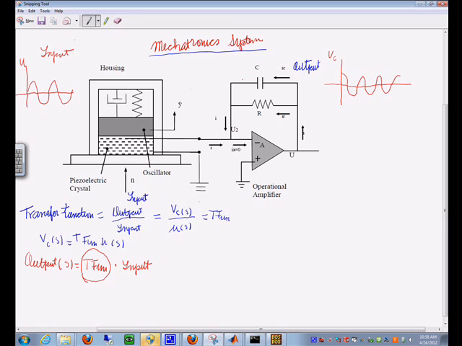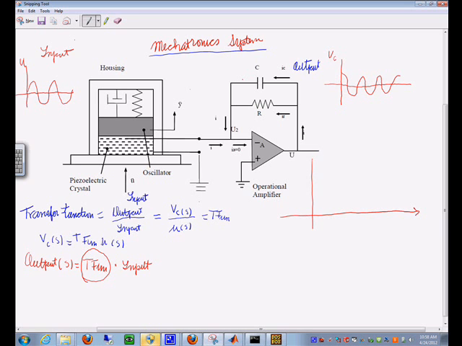So in order to quantify this, we have set up a special plot in which we are going to plot the response of the system, the output of the system.